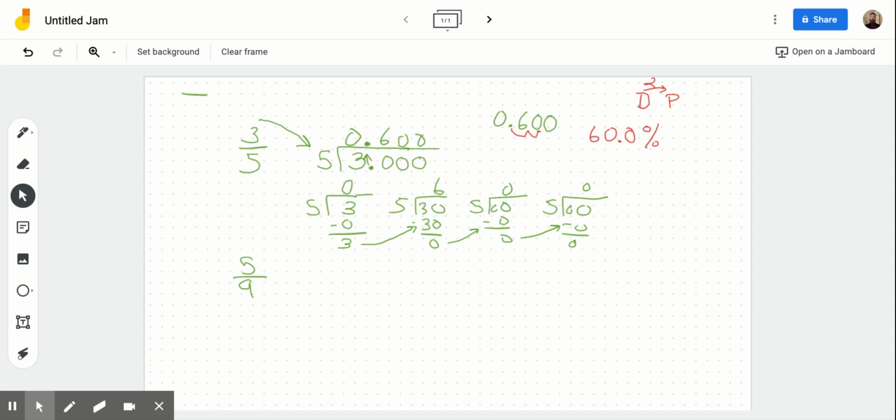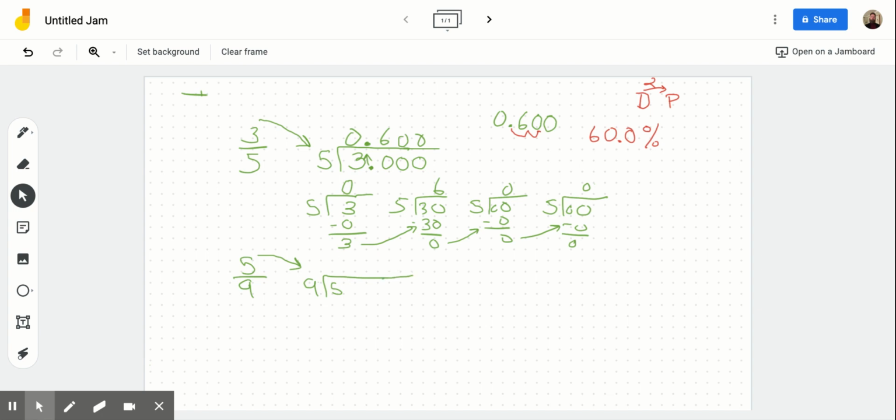Let's take a look at the 5 9ths below. So again, that decimal is going to fall into the division problem. The top number needs to go inside, just like that right there. Now, don't start dividing.